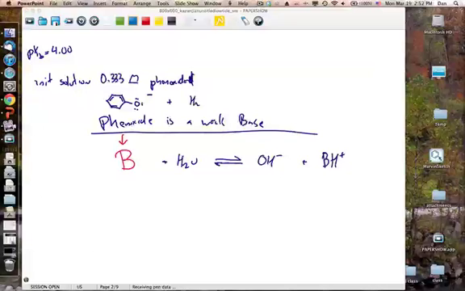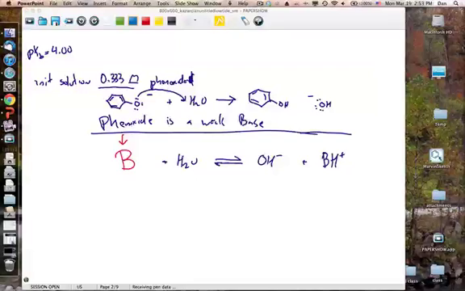In the presence of water, it forms phenol, picking up the proton from the water to make the OH minus. The proton is transferred from the water to the phenoxide. Again, we don't really need to know that because it's a weak base.